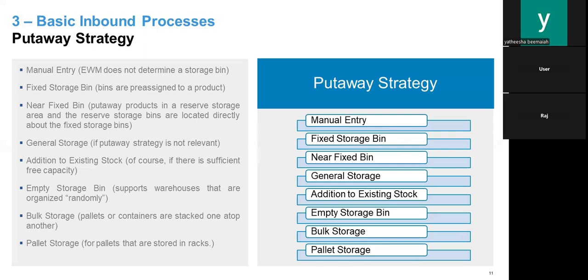In that case, we can use this fixed storage bin strategy. That means when we receive that product, it always goes and is stored in that particular bin. There is a product and storage bin assignment, and based on that the system always determines the destination bin as the fixed storage bin.